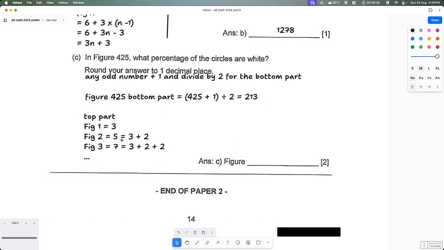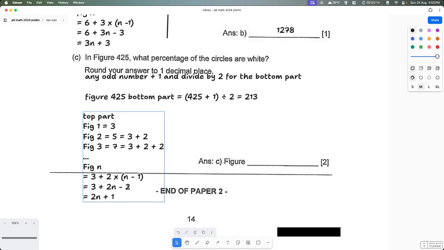So in this case, fig n for the top part is equal to 3 plus 2 times bracket n minus 1, which is basically 3 plus 2n minus 2, which is equal to 2n plus 1. So 2n plus 1, correct.